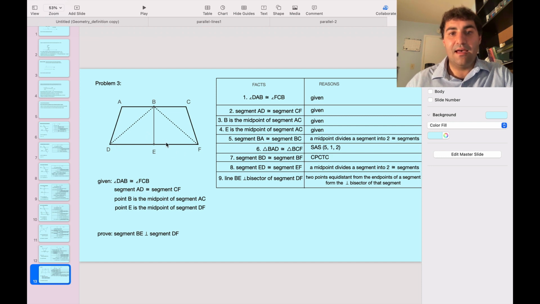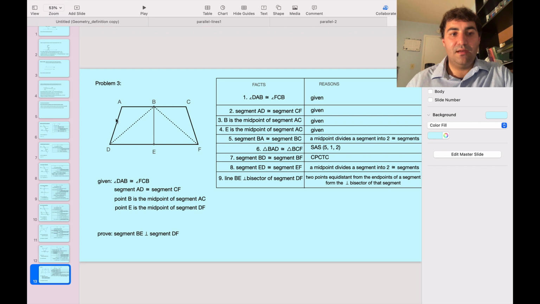So how are we going to do that? We write down what we're given. We're given these four things. I know a midpoint divides a segment into two congruent segments, so segment BA is congruent to segment BC.